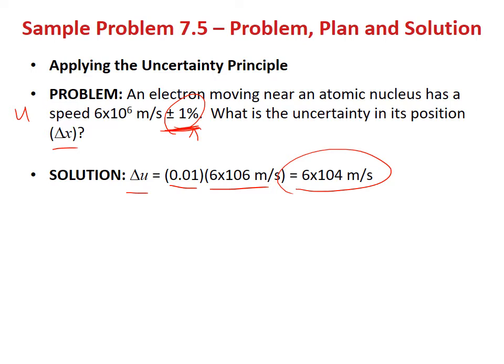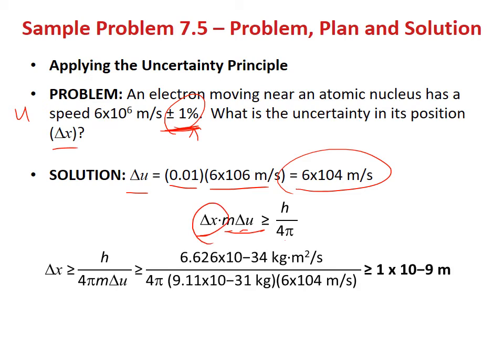According to the Heisenberg uncertainty principle, delta x times m times delta u, which is the momentum uncertainty, is greater than h over 4 pi. So we can calculate delta x, which is h divided by 4 pi divided by m divided by delta u.